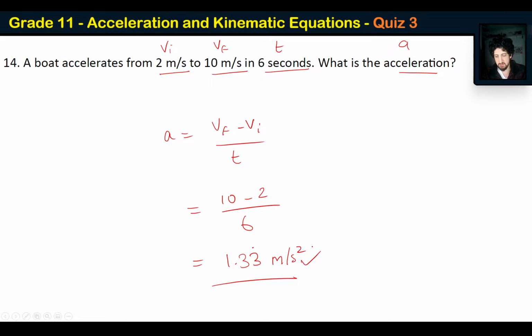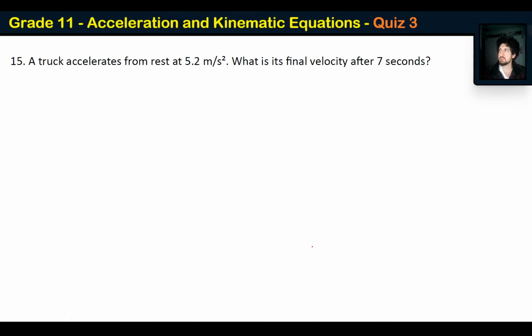I think we need to switch to a different color. How about black for a change? Let's have a look. A truck accelerates from rest, so that's Vi equals 0. What is the final velocity? We're looking for final velocity, or Vf. We don't know that. After 7 seconds. So we've got time, we've got acceleration, we've got Vi, we're looking for Vf.